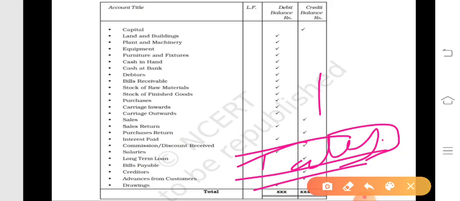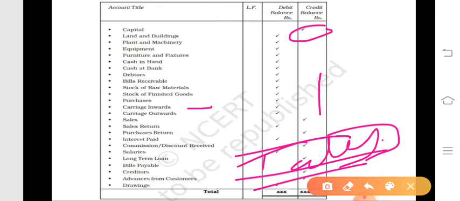So here you can see certain items. Capital is a liability, will always have a credit balance, and that is why it should be recorded at credit. Land and building, an asset, should have a debit balance. Plant and machinery, an asset, should have a debit balance. If we talk about carriage inward, it's an expense.